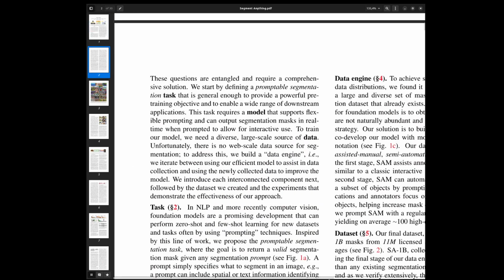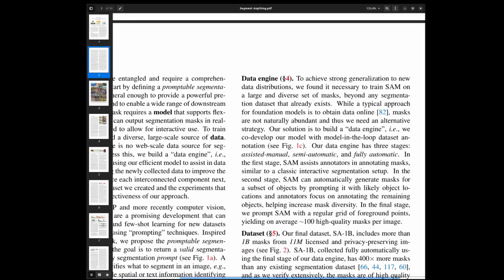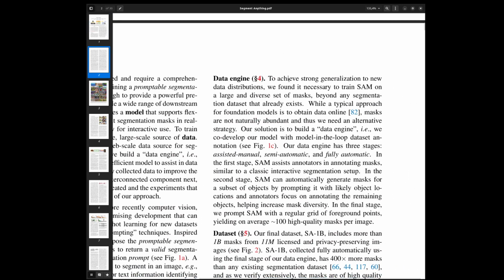Let's see, data engine. To achieve strong generalization to a new data distribution, we found it necessary to train SAM on a large and diverse set of masks beyond any segmentation dataset that already exists. While a typical approach for foundation models is to obtain data online, masks are not naturally abundant, and thus we need an alternative strategy.